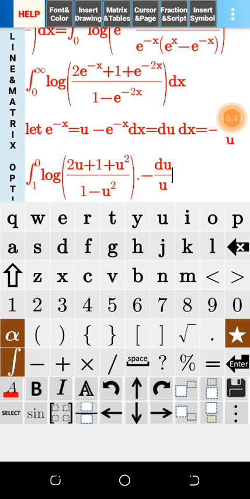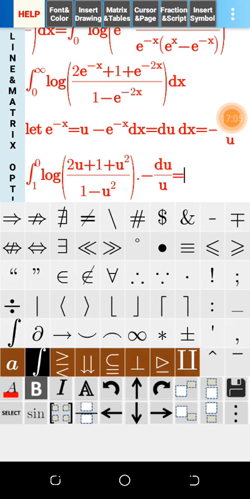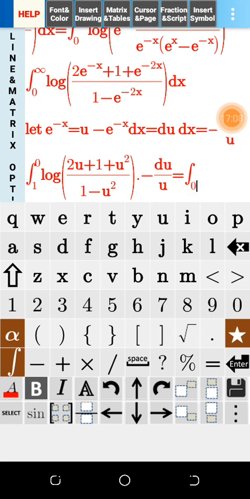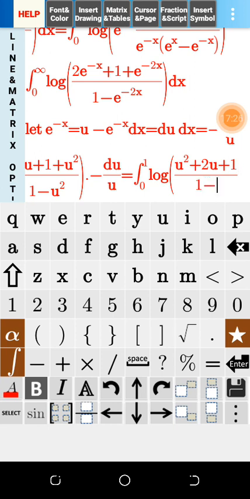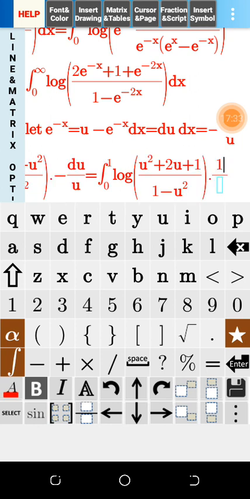So we will now interchange the limits. That will be from 0 to 1, because of the minus in front of the du over u, so the minus will now evacuate, and we have the integral from 0 to 1 of log of (u squared + 2u + 1) over (1 minus u squared) multiplied by 1 over u du.